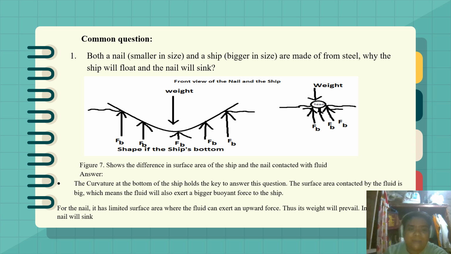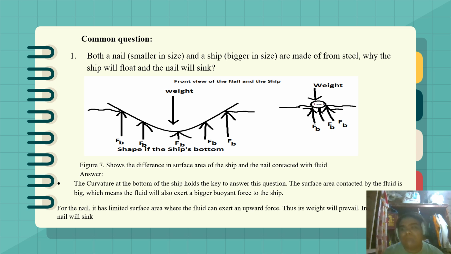So the curve at the bottom of the ship holds the key to answer this question. The surface area contacted by the fluid is big. So yung surface area, which means the fluid will also exert a bigger buoyancy force to the ship. So dahil malaki na siya, nagkakaroon ng force ang water, pati ang weight. Ang nail naman kasi has limited surface area where the fluid can exert an upward force.